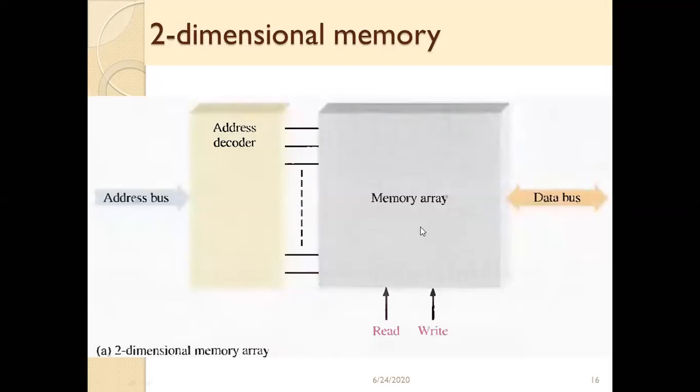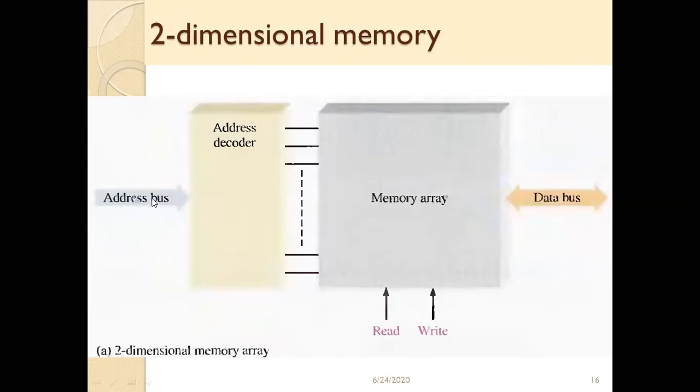For example, this is the memory array, which I just explained in the form of cells. And this is called the address decoder. And these lines are called the bus.